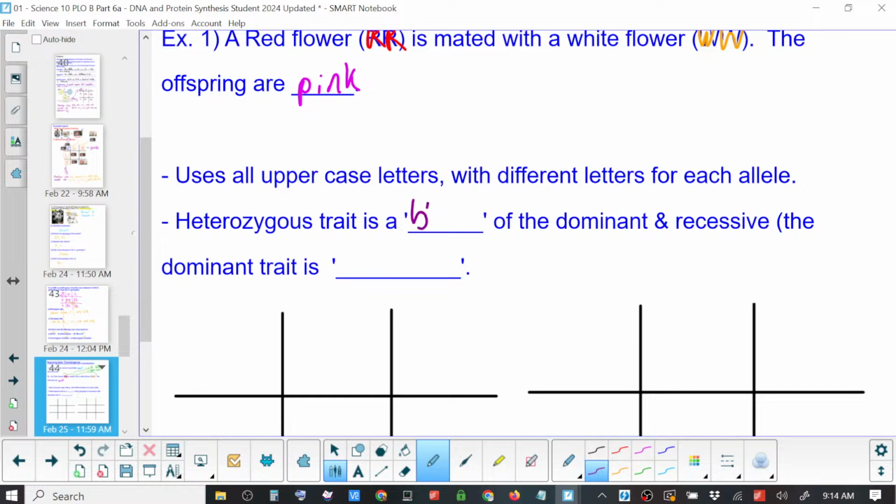The heterozygous trait is a blend of the dominant and recessive, and the dominant trait is what we would call incomplete.